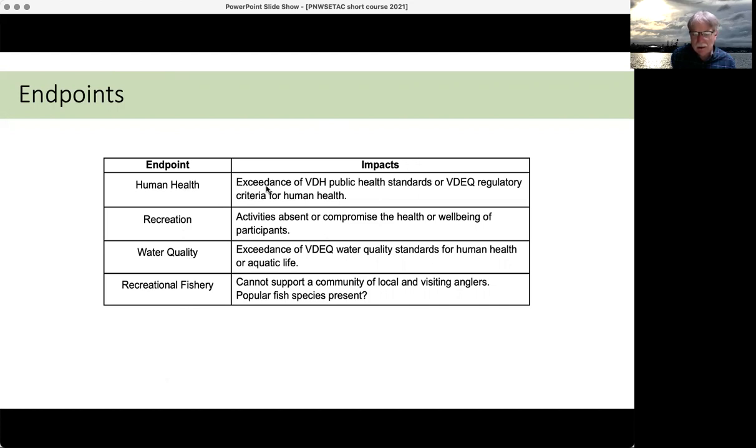And the criteria, the attributes, are not to exceed Virginia health standards for recreation. We want to not compromise the health and well-being of the participants who are using this region. For water quality, there are water quality standards. And for the recreational fishery: can it support local and visiting anglers? And are the key species, the reasons that people use this area, going to be present?